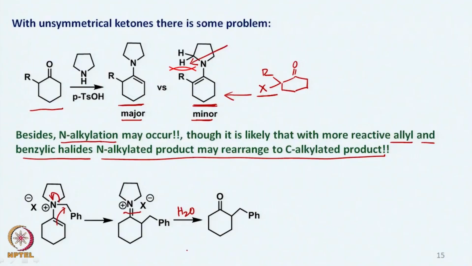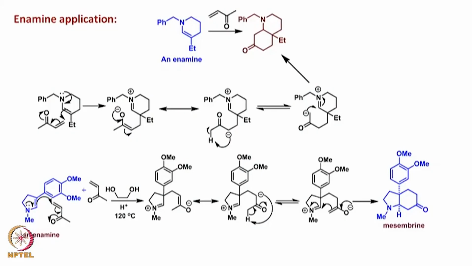For example, if we take an enamine of this kind and react it with an alpha beta unsaturated ketone such as methyl vinyl ketone, then we get this particular type of bicyclic molecule in one step. How does this reaction occur?